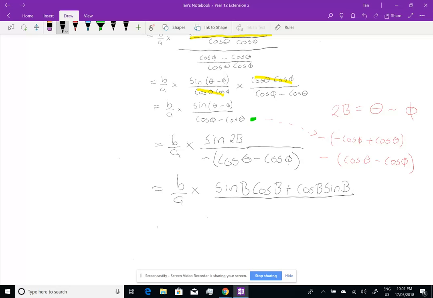And underneath here, I can now change this to what was written above.